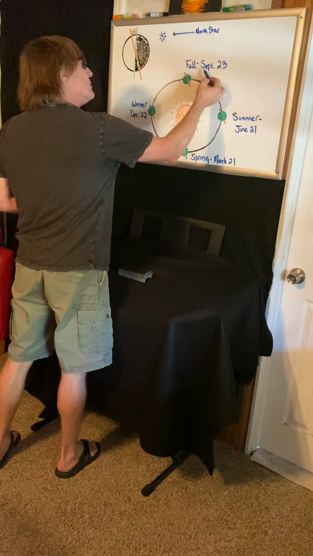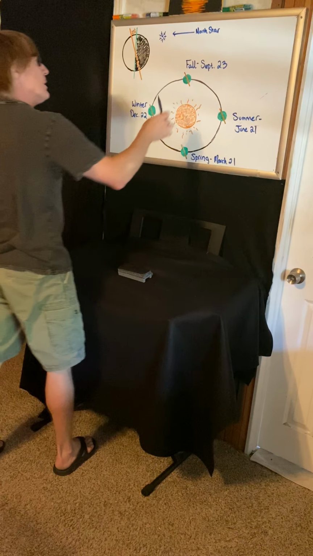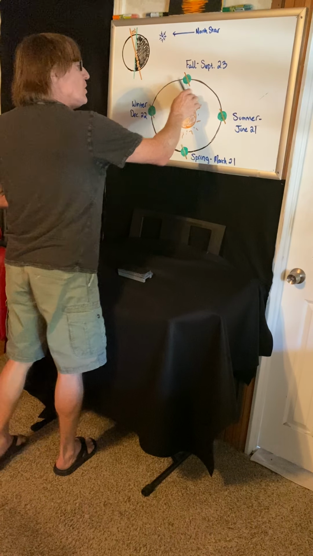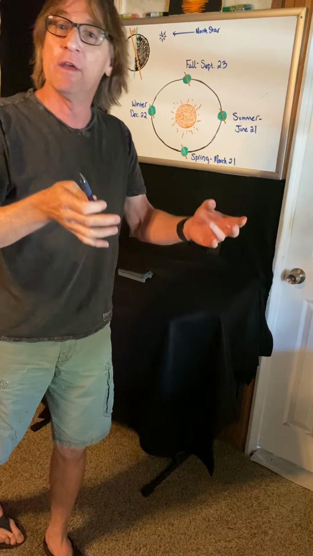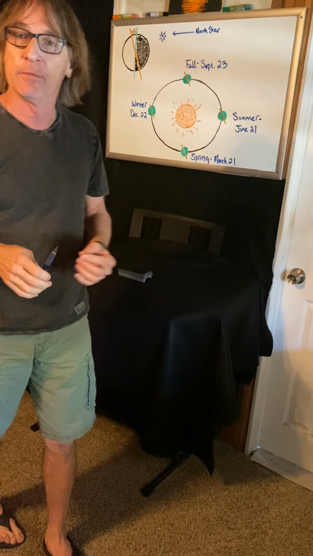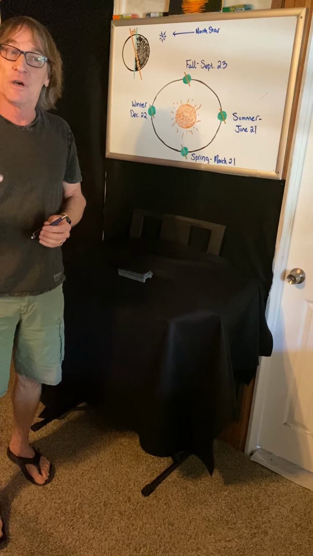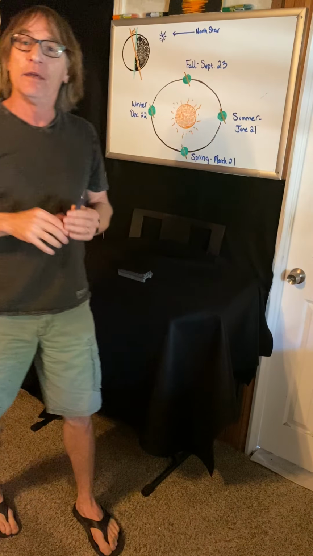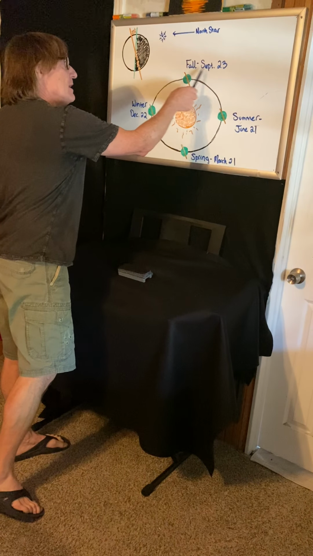When we get to fall, September 23rd, and this of course happens gradually, but by the time we get to fall on September 23rd, what's happening? We're not tilted toward the sun, nor are we tilted away from the sun in the northern hemisphere. What does that mean about our hours of daylight versus hours of night? It means that they're about the same, depending upon the date, right?